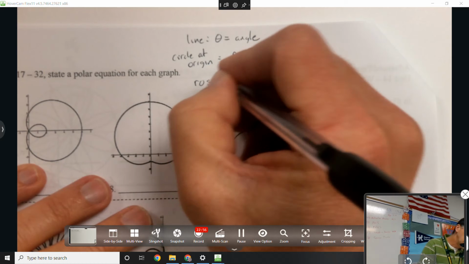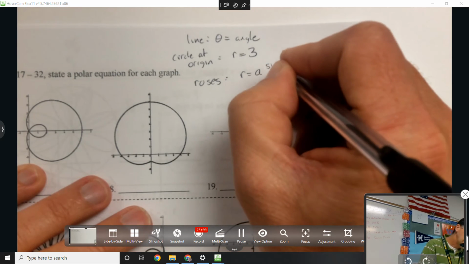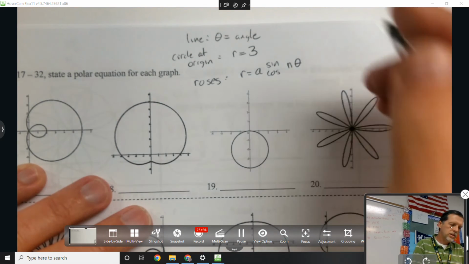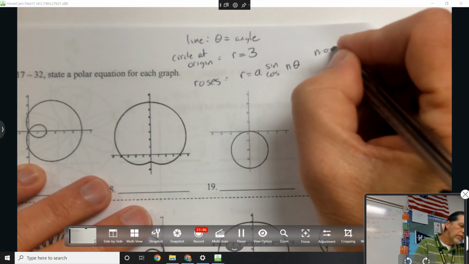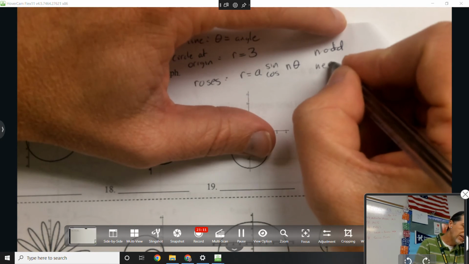And then we did roses, r equals a sine or cosine of n theta, where if n is odd, how many petals did you have?